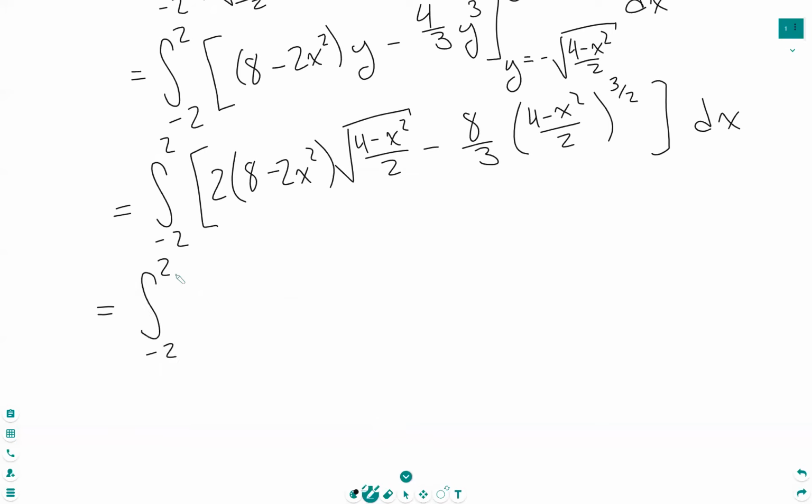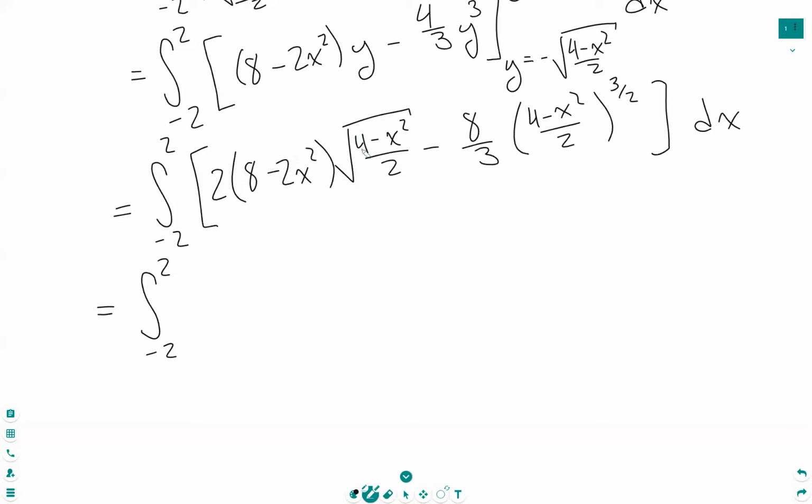So now what I'm going to do is look at this term here. This is an 8 minus 2x squared. But if I pulled out a 2 and made this 4 minus x squared, and maybe I even pull out another 2, so I would ultimately pull out 4, I could write this as 4 minus x squared over 2, right?